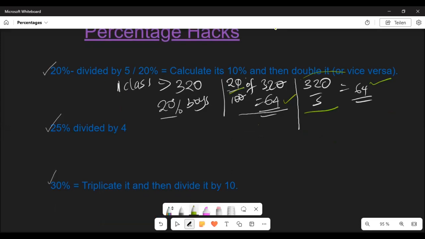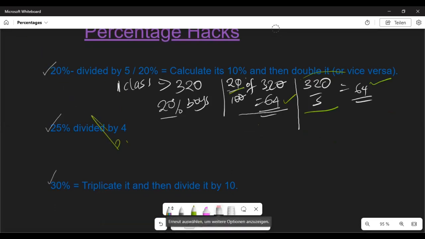So how about if someone tells you, still remaining in the same class, we have 25% of these students, the same number, are girls.